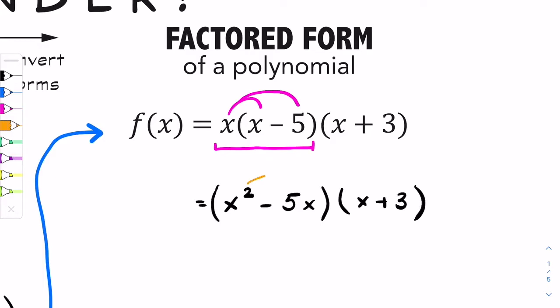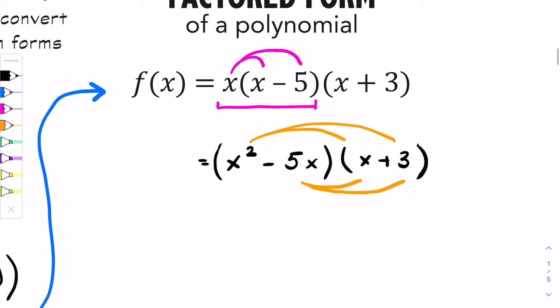Then I'm going to distribute my first term to both terms in the second set of parentheses and the second term to both terms in the second set of parentheses. This is going to give me x cubed plus 3x squared. That's these first two terms being multiplied. And then right here, we have negative 5x squared minus 15x.